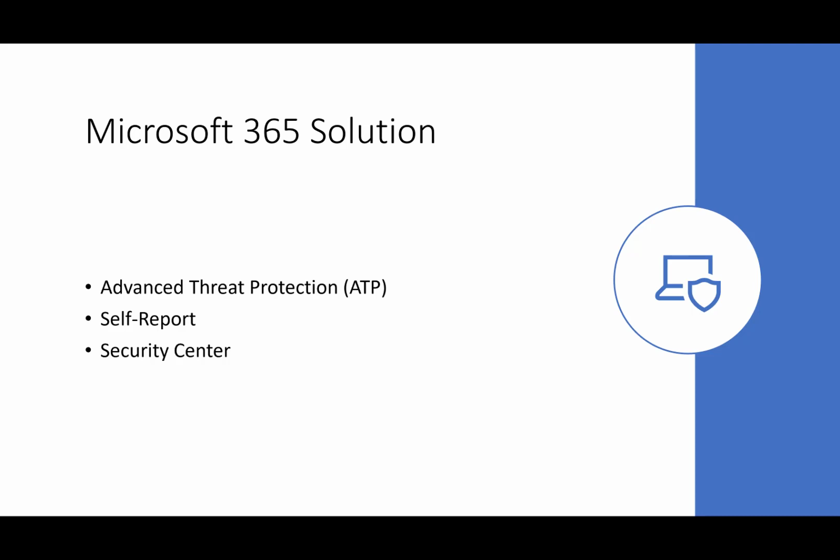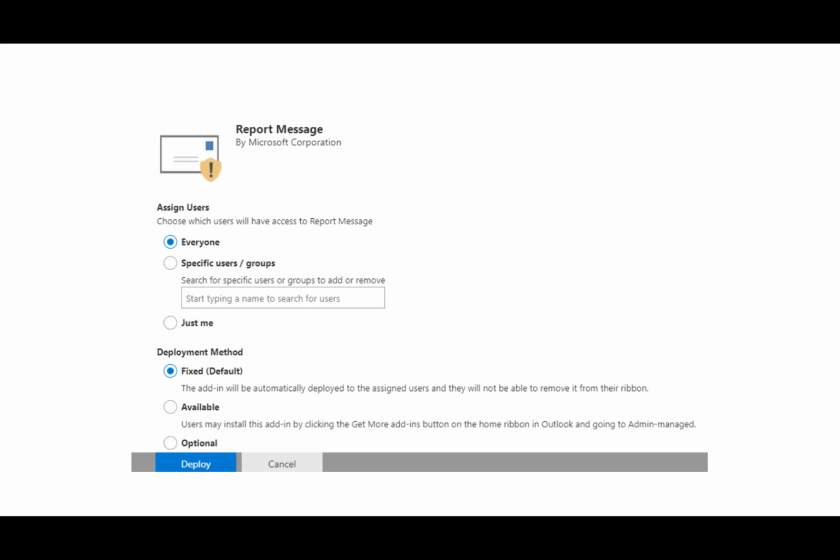You want to see that. You want them to start adopting it and be more precautious in the sense of them getting phished. So you have Security Center to go view all that data and review it with them. This is the report message. You can specify it to certain users if you really wanted to, and you can also choose the deployment method.